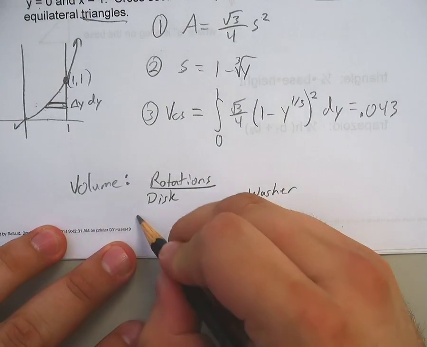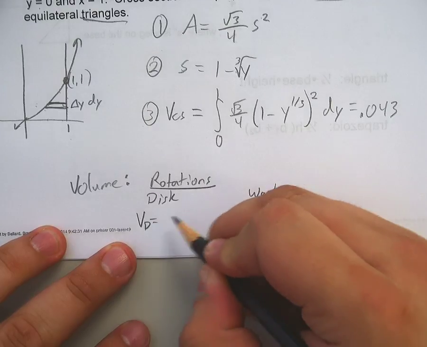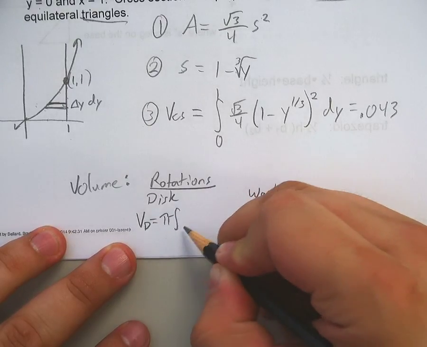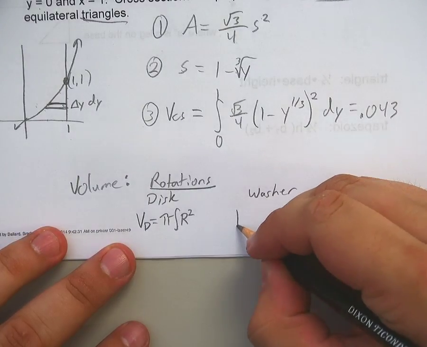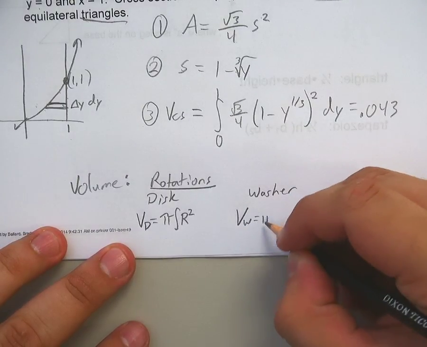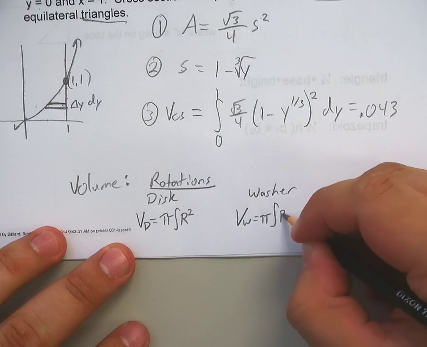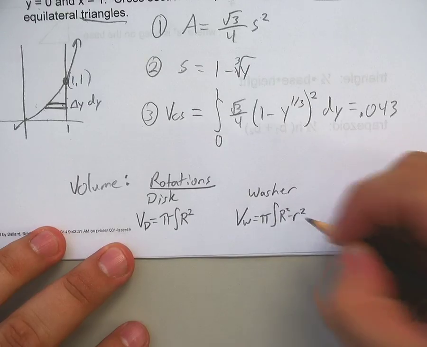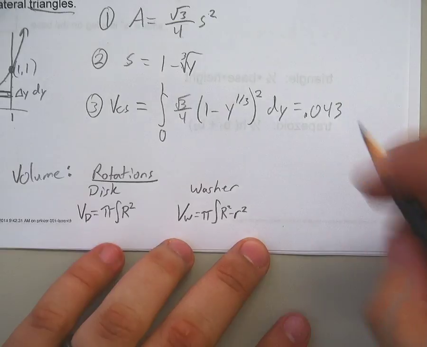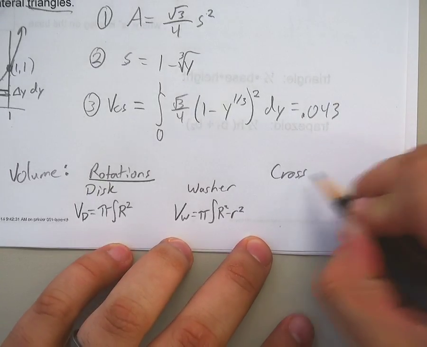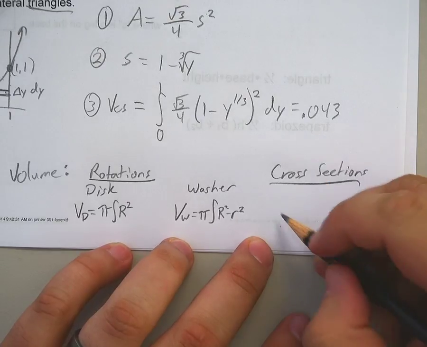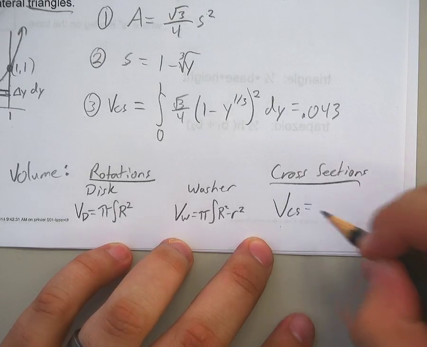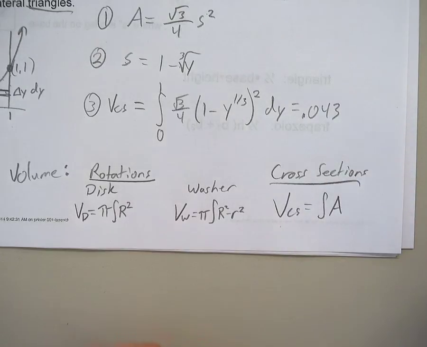Disk method is pi the integral of r squared. Washer is going to be pi the integral of big R squared minus little r squared. And then you've got your cross sections. Volume of cross sections is the integral of area.